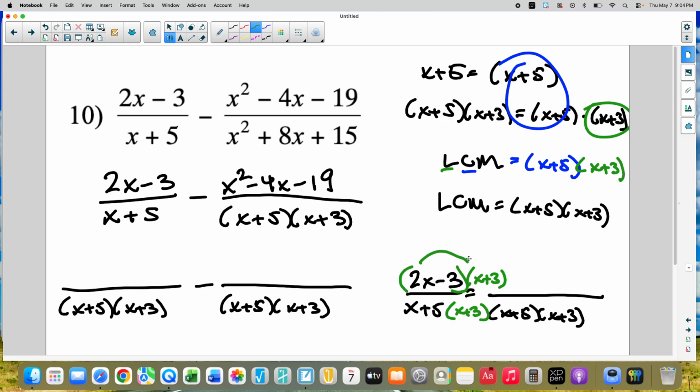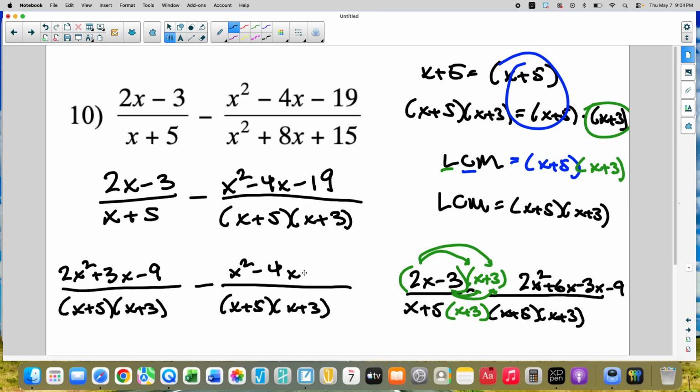You got to do 2x times x, 2x times 3, negative 3 times x, negative 3 times 3, giving us 2x squared plus 6x minus 3x minus 9, which simplifies to 2x squared plus 3x minus 9. And then this already has the same denominator, so we're just going to keep this.